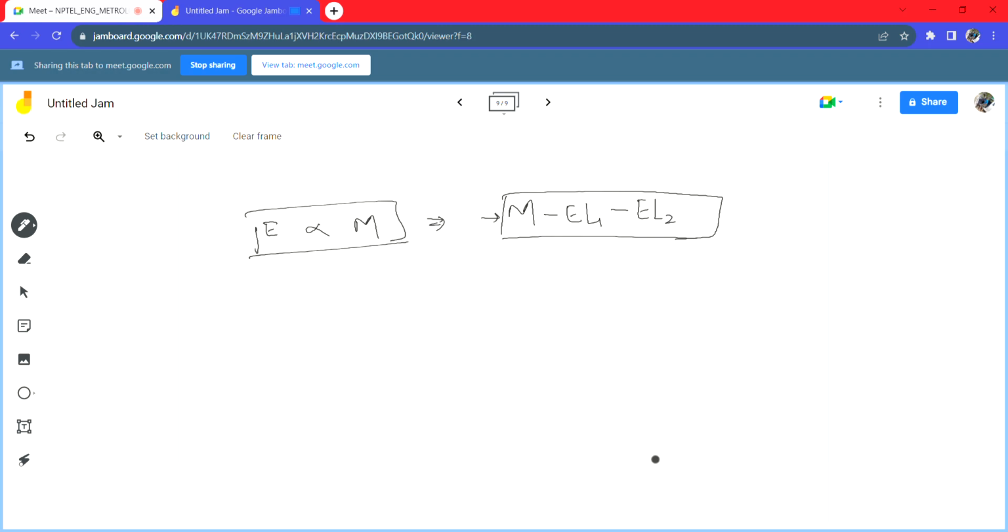So if this is M dash, we are now getting E proportional to M dash. Ideally what we should have got is this, and the result that we actually get is this.